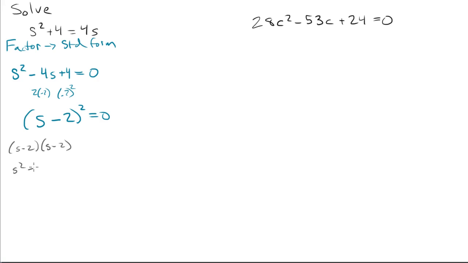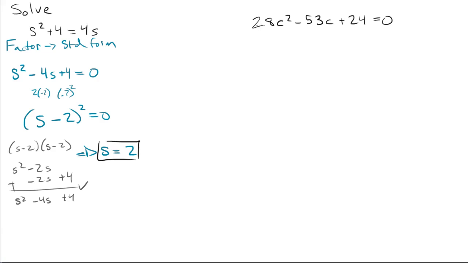S squared minus 2s plus 4. S squared minus 4s plus 4. It checks out. So that means that s is equal to 2. And those are my solutions. 2 and 2.